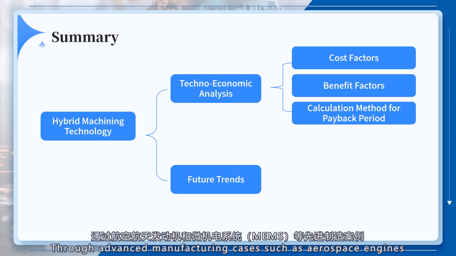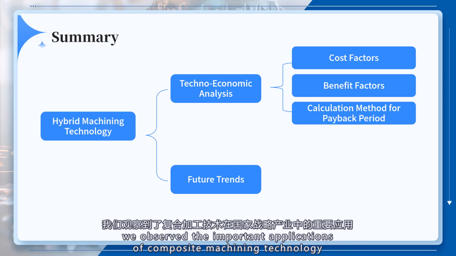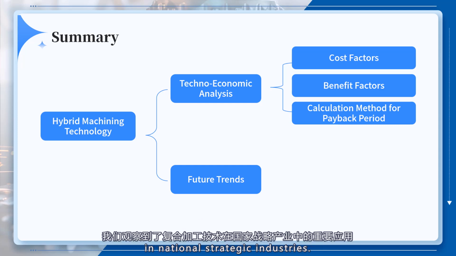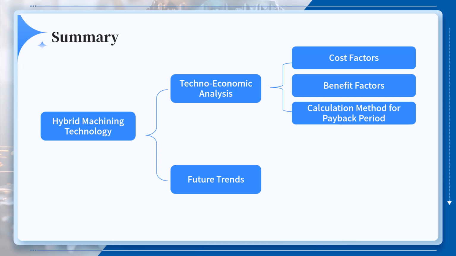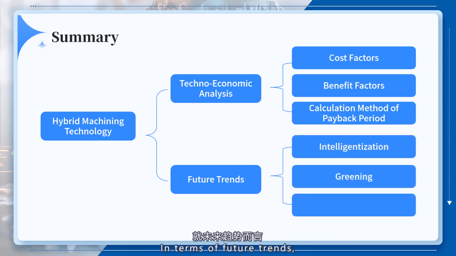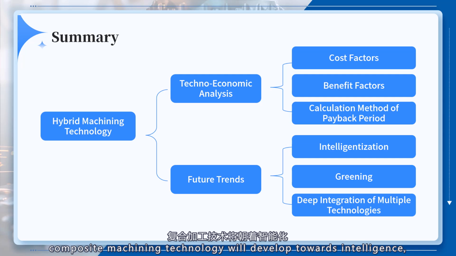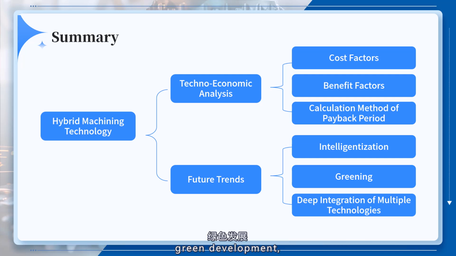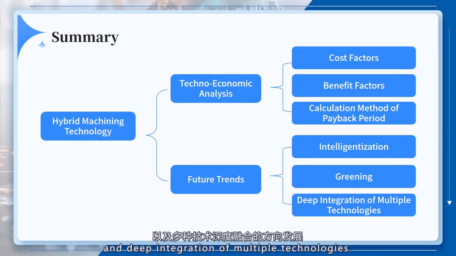Through advanced manufacturing cases, such as aerospace engines and micro-electromechanical systems, MEMS, we observed the important applications of composite machining technology in national strategic industries. In terms of future trends, composite machining technology will develop towards intelligence, green development, and deep integration of multiple technologies.